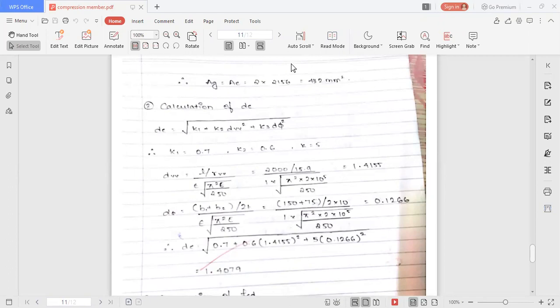Why have we taken that formula? Because we had considered a single angle strut member. Whenever we consider a single angle strut member, what have we written above? The load will be transferred from only one leg. So as the load is transferring from one leg, we consider the single angle strut member. Whenever we consider a single angle strut member, we use this formula for lambda e. See the very first lecture, refer to your first lecture, where I had given it in writing that whenever you consider a single angle strut member, you have to consider these values to calculate lambda e. Okay, ma'am. Thank you.